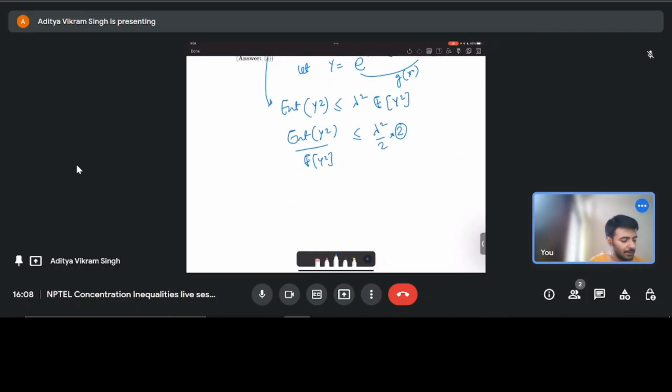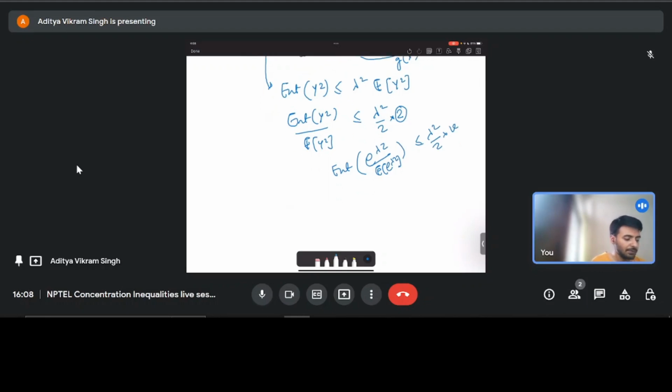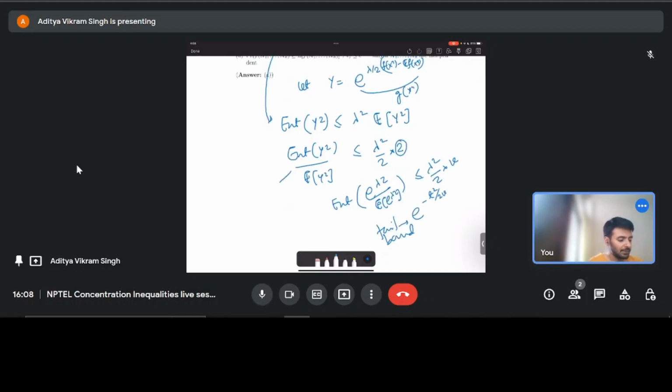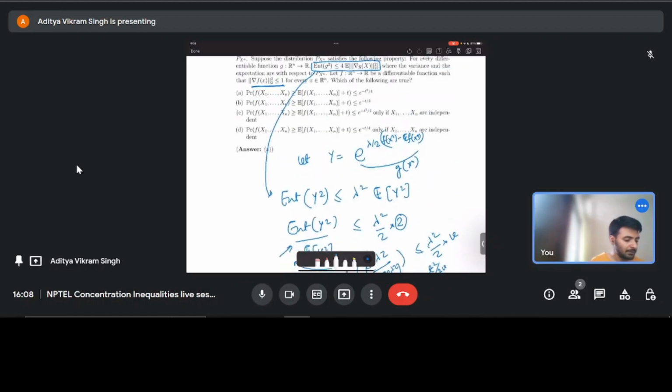So we had this condition: if the entropy of e power lambda z by expected value of e power lambda z is less than or equal to lambda square by 2 into v, then we had the sub-Gaussian concentration. Concentration meant e power something like this, the tail bound. And this is exactly this thing, so we have a sub-exponential decay, and so A is correct.